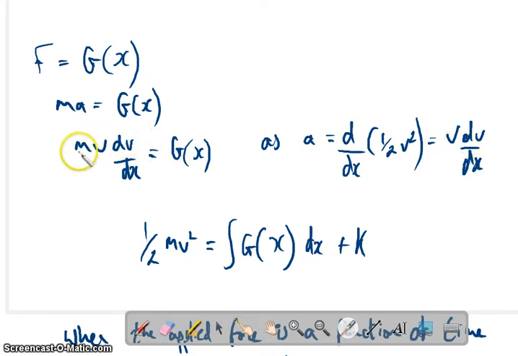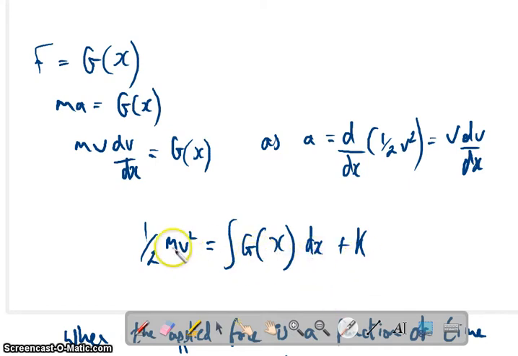So acceleration is mv dv by dx, which is equal to this function g that we talked about. So half mv squared, where this is half of v squared, is equal to the integral of the function g with respect to x plus whatever constant.